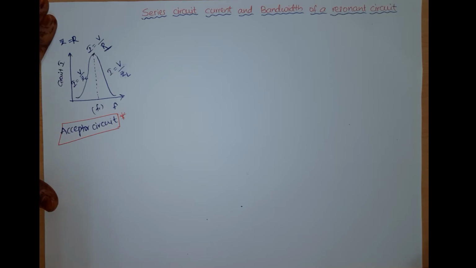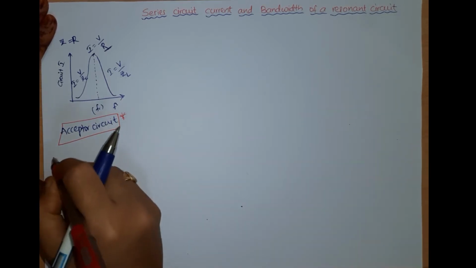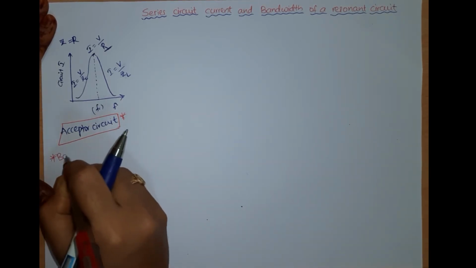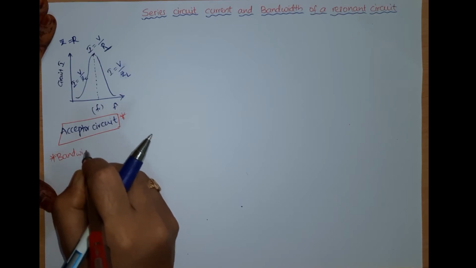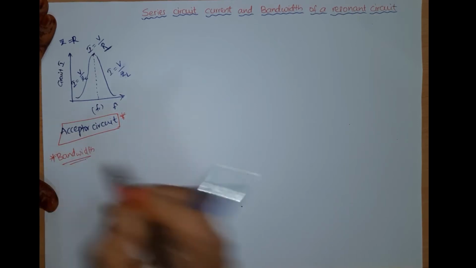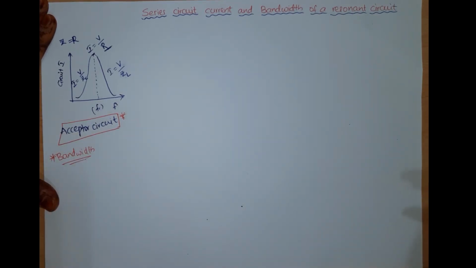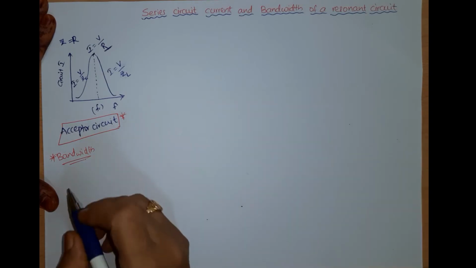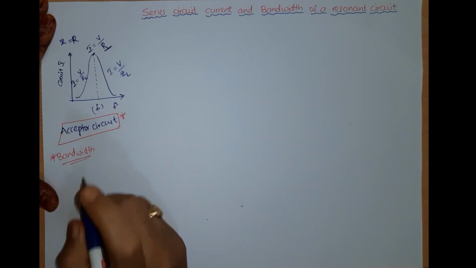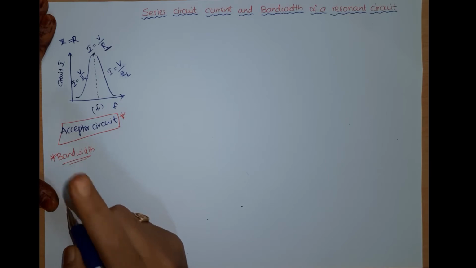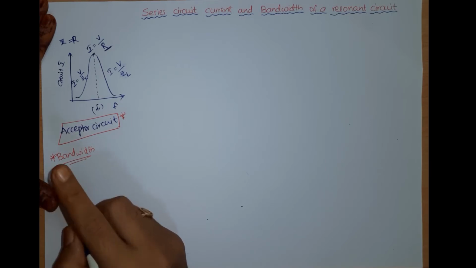Now coming to the bandwidth. If the series RLC circuit is driven by a variable frequency at constant voltage, then the magnitude of current I will be proportional to what?